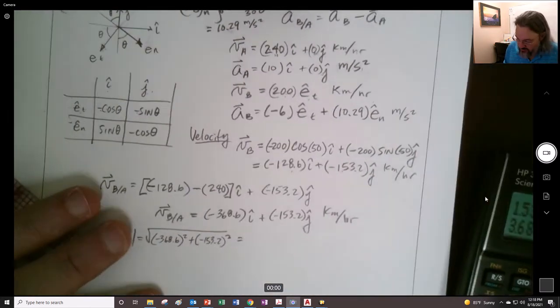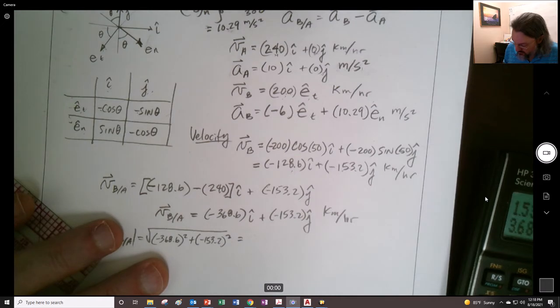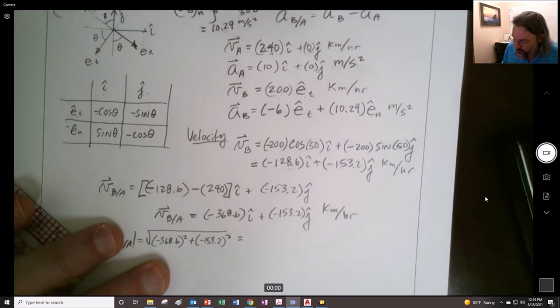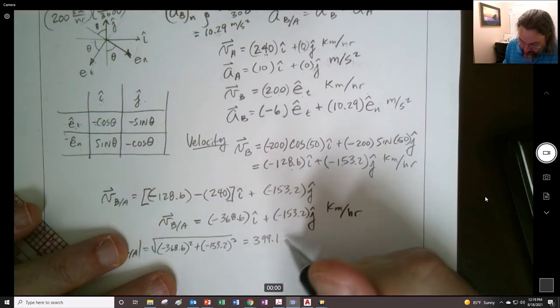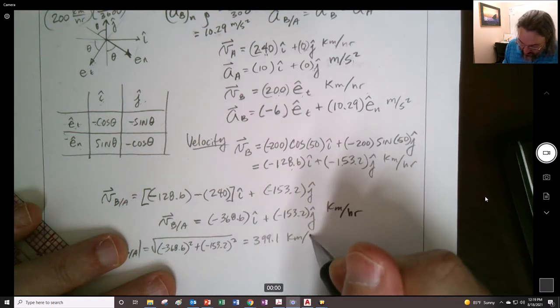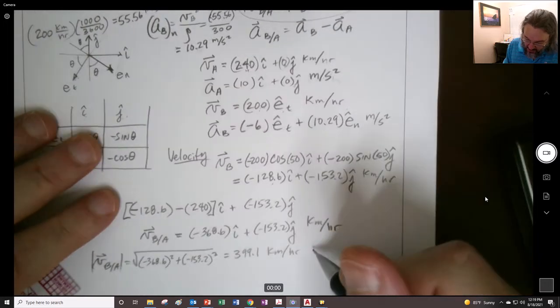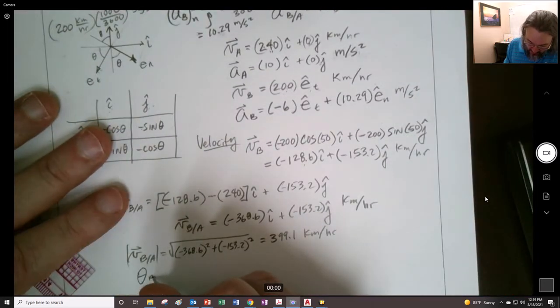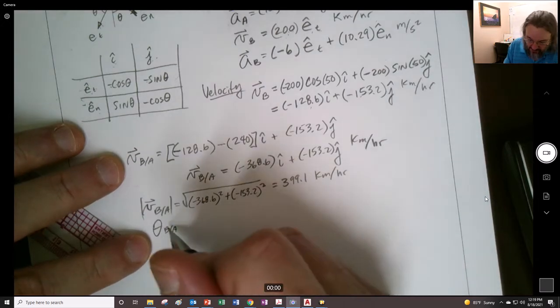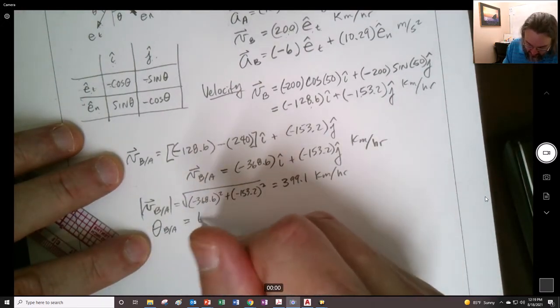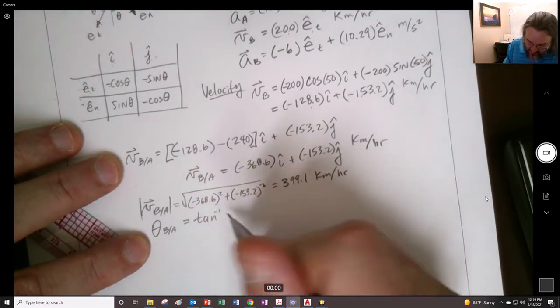So I square that, and square that, add them together, take the square root, and we get 399.1 kilometers per hour, and the angle of the B with respect to A. I should maybe put a velocity subscript in there, but I didn't.